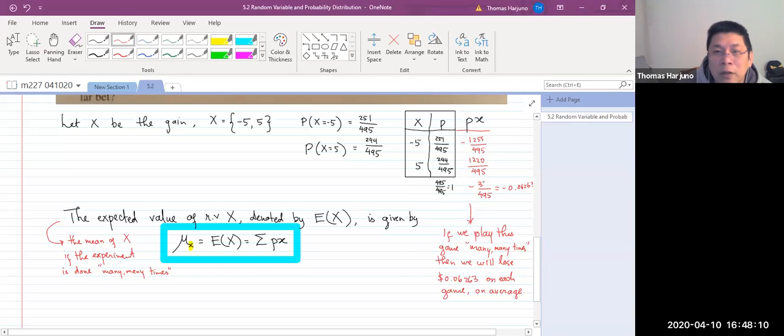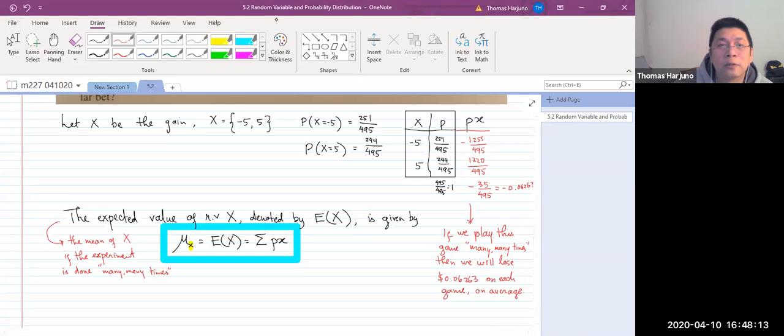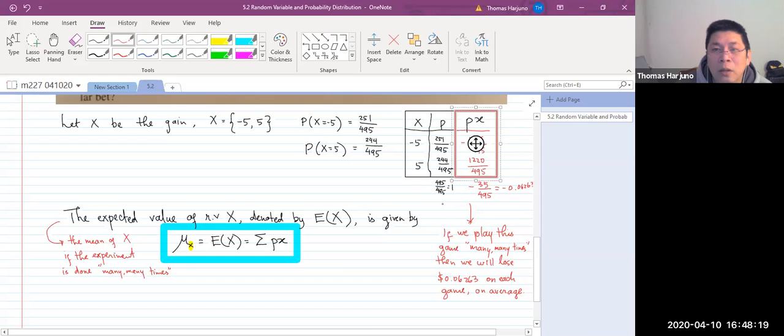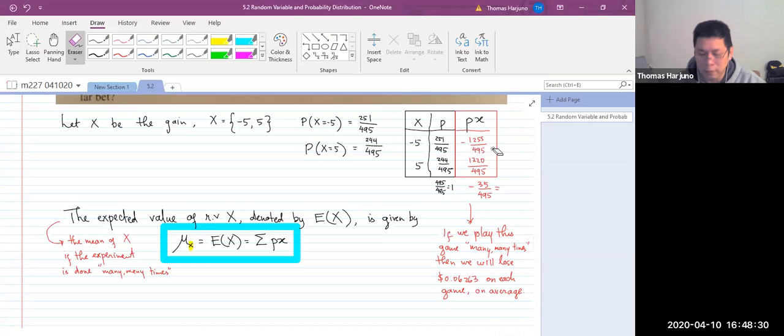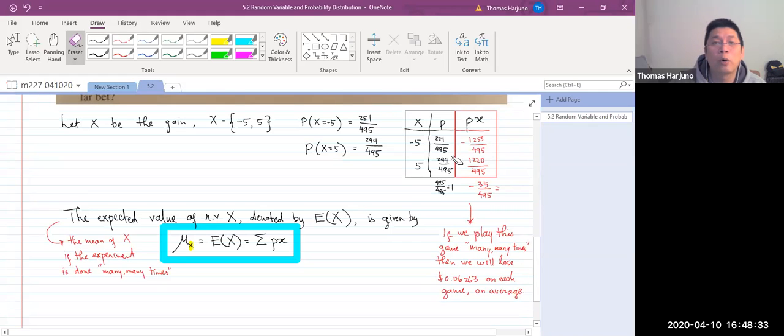That's negative 35. And therefore, I don't think this is a correct number anymore. 35 over 495 is 0. Oh, that's worse, huh? That's negative 0.07071.